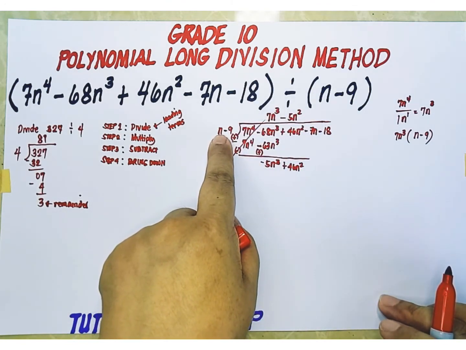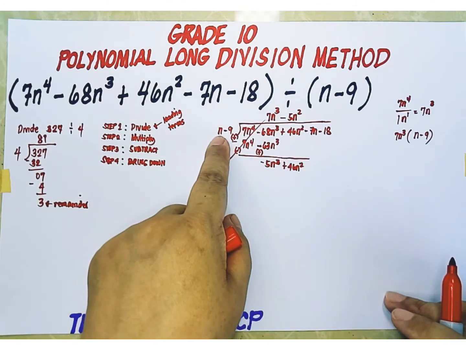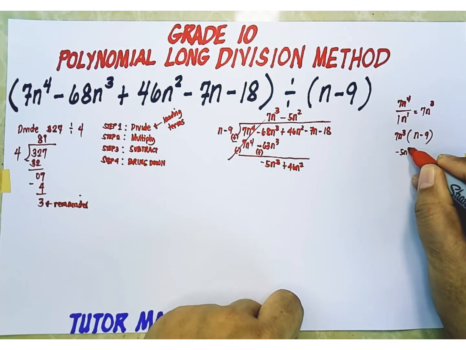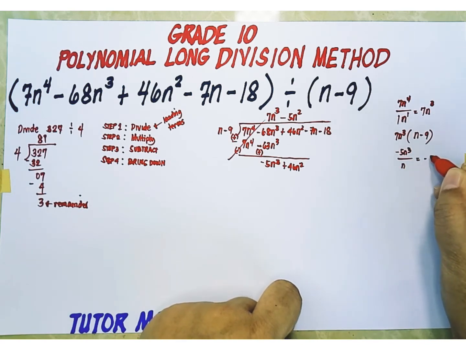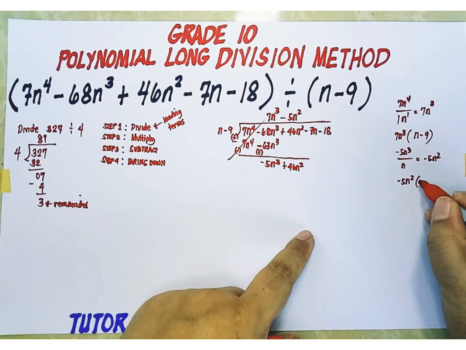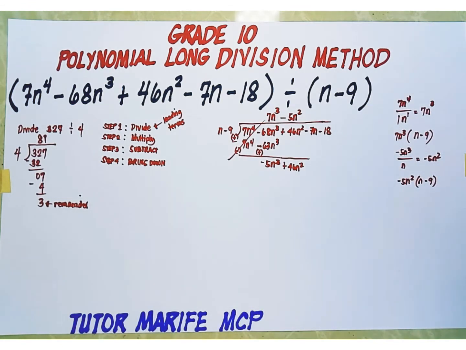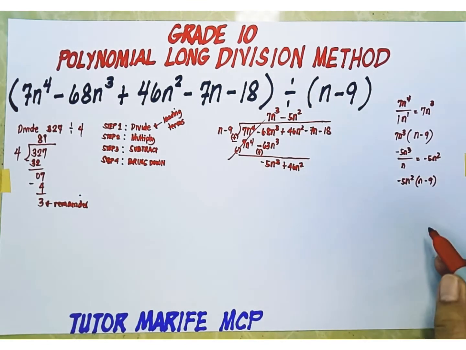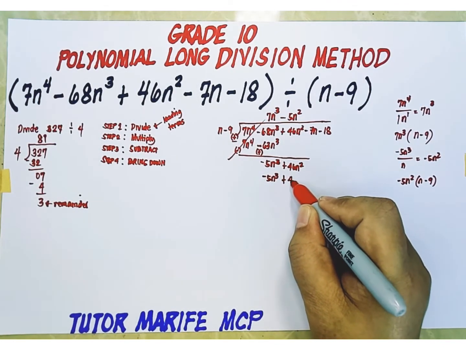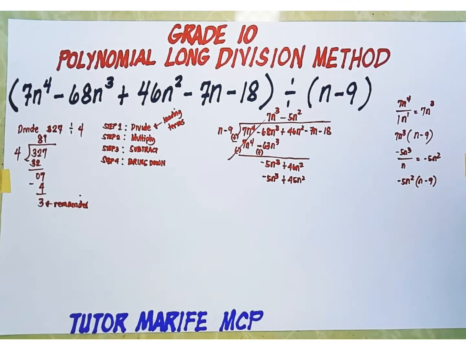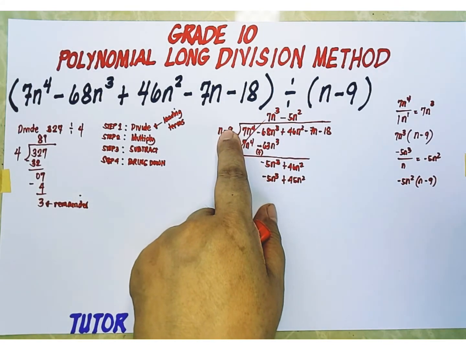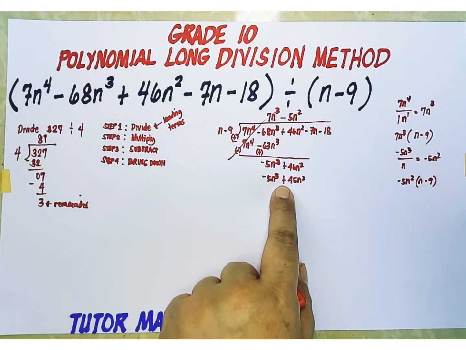Multiply. So, negative 5n squared times the whole divisor. So, it's equal to, by distributive property of multiplication, negative 5n cubed plus 45n squared. Negative times negative. Count the negative. 1, 2. 2 is even, so the answer is positive.